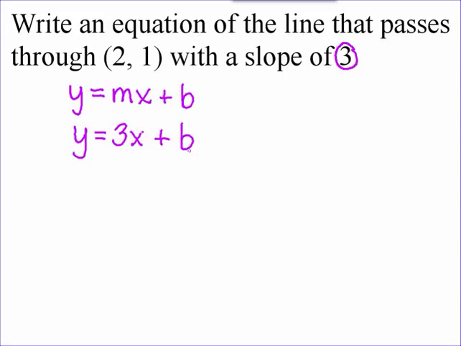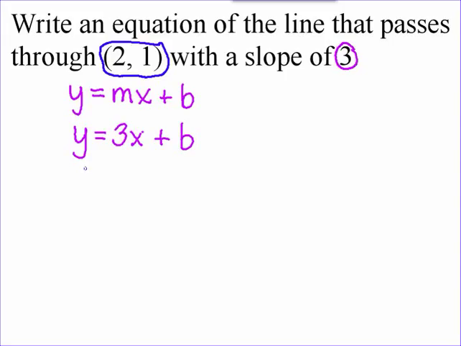Now what don't I know? b. I don't know b. So I'm going to have to use this other piece of information, (2, 1), in order to find b. I know that 2 is an x value, and 1 is a y value, because that's an ordered pair.